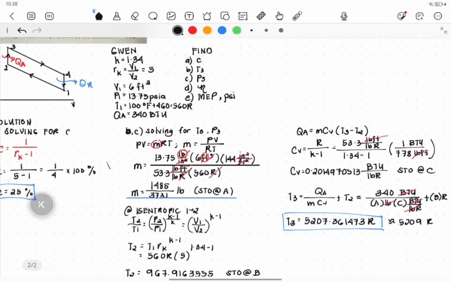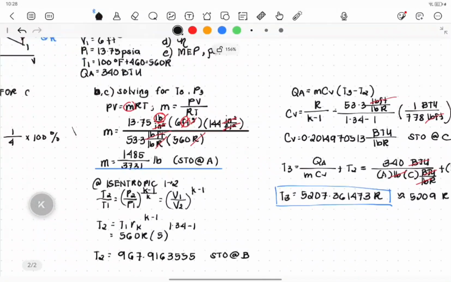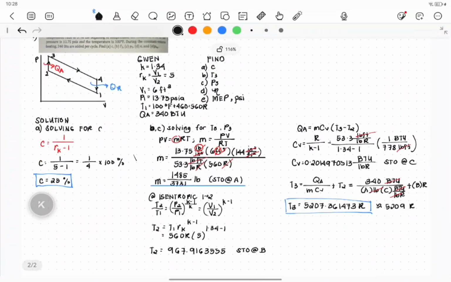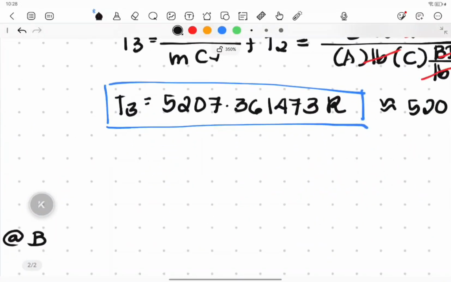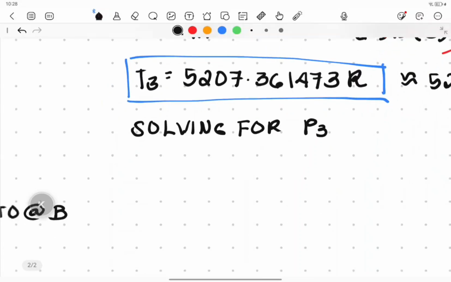Then to get the P3, what we can do is by doing another PVT relation. Okay, so solving for P3.